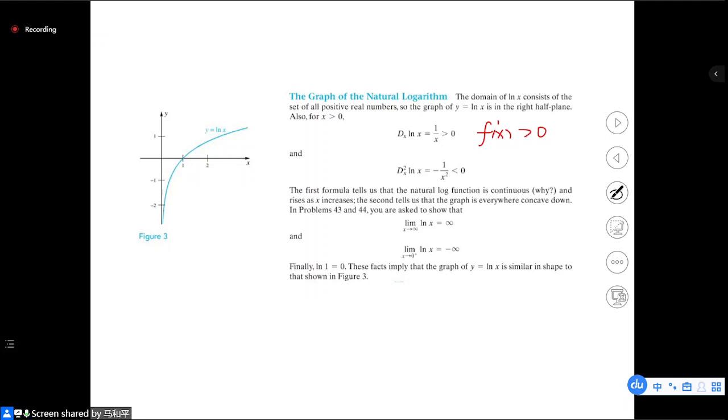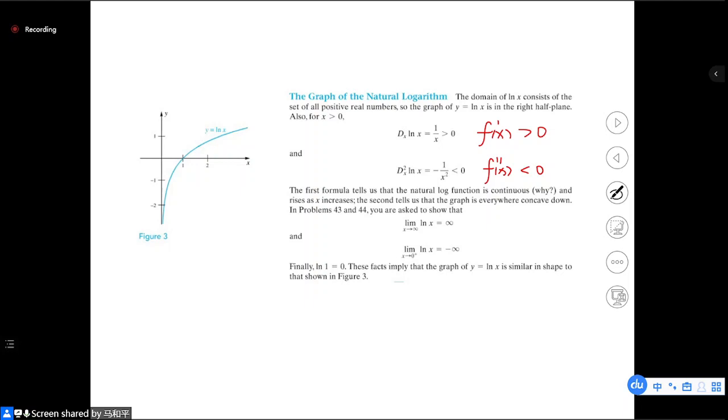Now we find the second derivative. This means f double prime x. Here, f double prime x is negative. This means f is concave up or concave down?